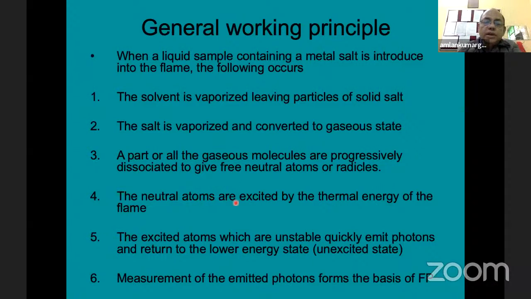And these neutral atoms are excited by the thermal energy of the flame, and the excited atoms are unstable. Now, here is what we are interested in. These unstable excited atoms will quickly come back to their ground state. And when they come back to their ground state, they will give out photons. And these photons that are emitted are measured. This is what we measure in flame photometry.